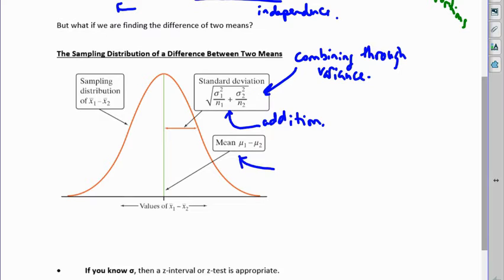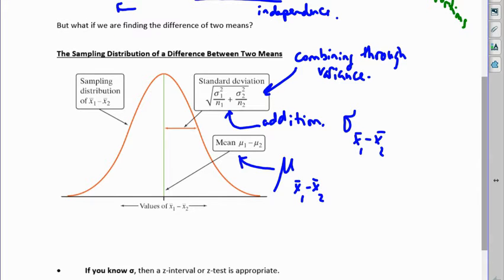So glance at your formula sheet and you will see your symbols for these two things, this one being x sub 1 minus x sub 2 with the bars on top, and this one being the mu symbol with x sub 1 minus x sub 2 with the bar on top.